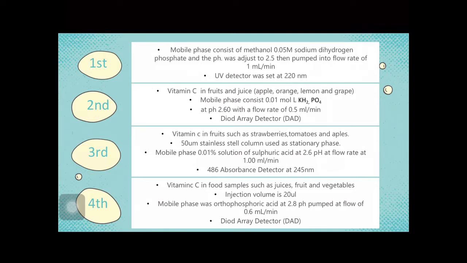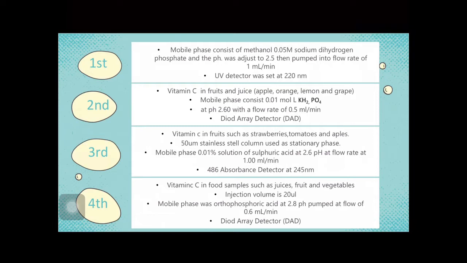For the third article, the vitamin C is obtained from fruit such as strawberries, tomatoes, and apples. A 500 micrometer stainless steel column was used as the stationary phase. The mobile phase consists of 0.01 solution of sulfuric acid at 2.6 pH. For the fourth article, the vitamin C is in food samples such as juice, fruit, and vegetable.